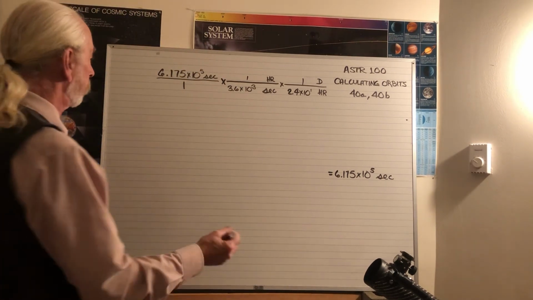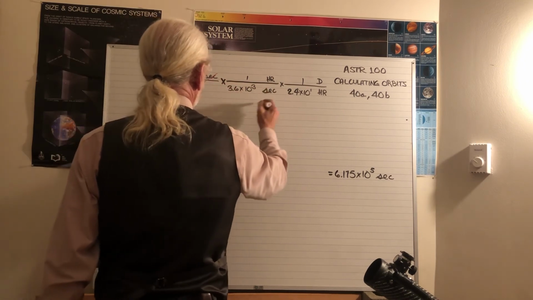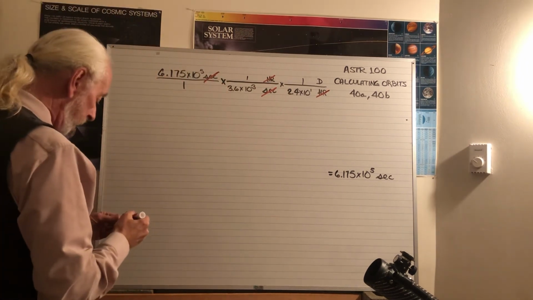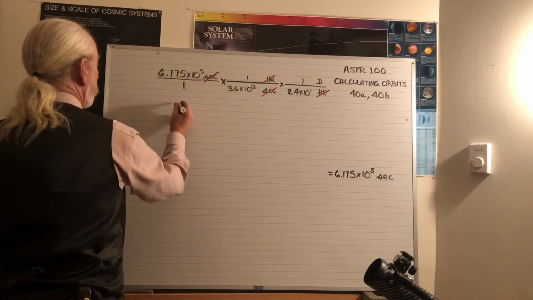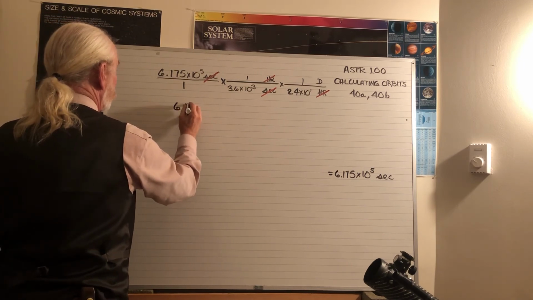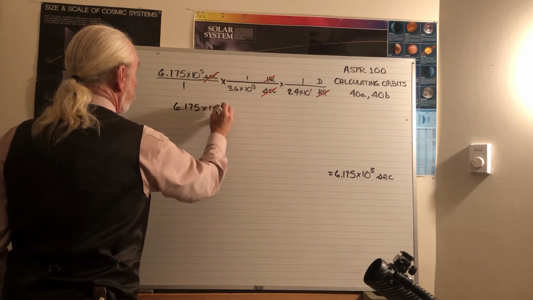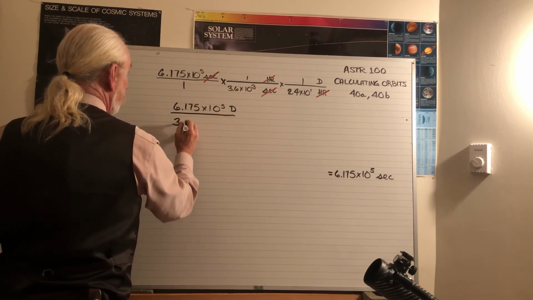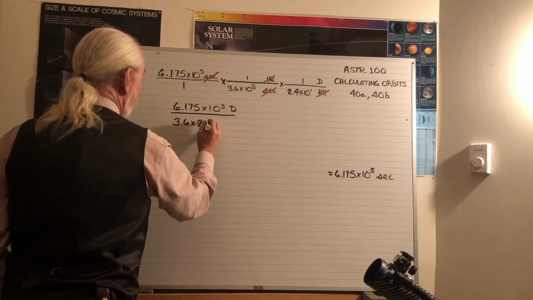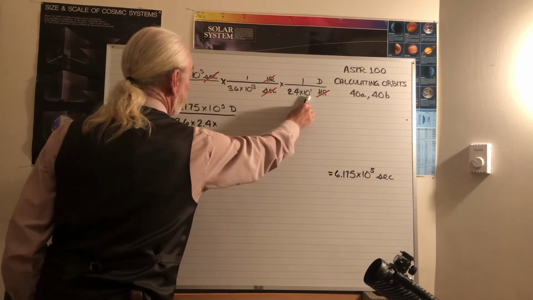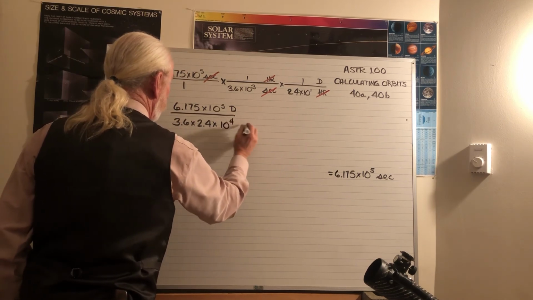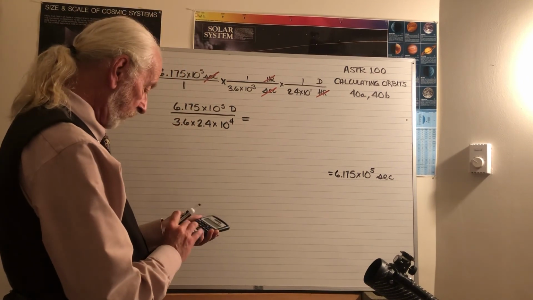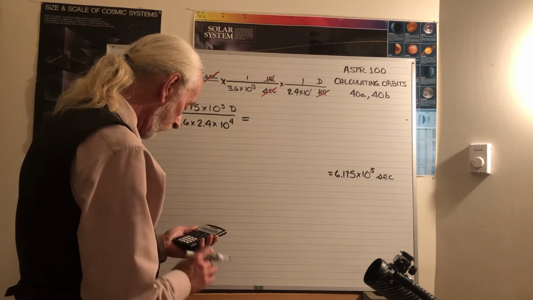Now I can cross cancel. And what I'm left with is 6.175 times 10 to the 5th days over 3.6 times 2.4 times 10 to the 3rd times 10 to the 1st, 10 to the 4th. 3.6 times 2.4, 8.64.